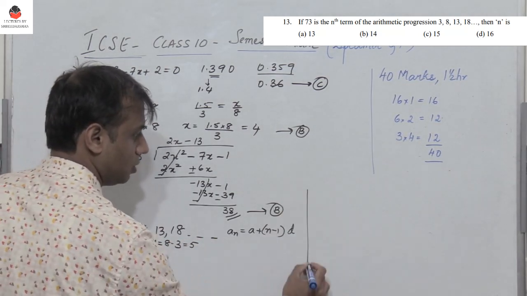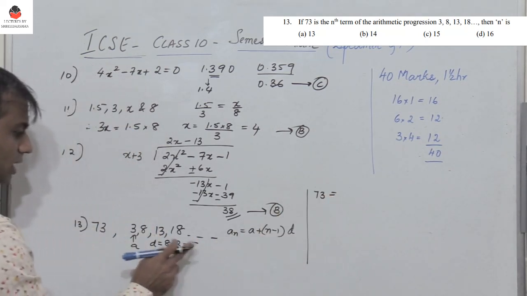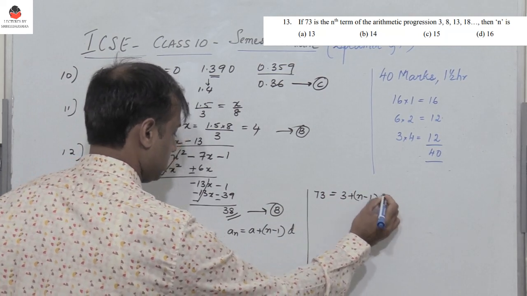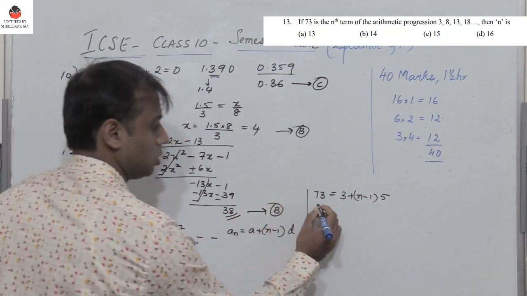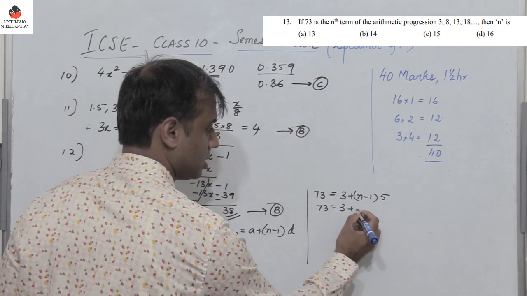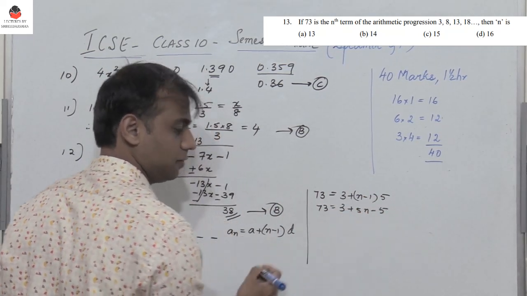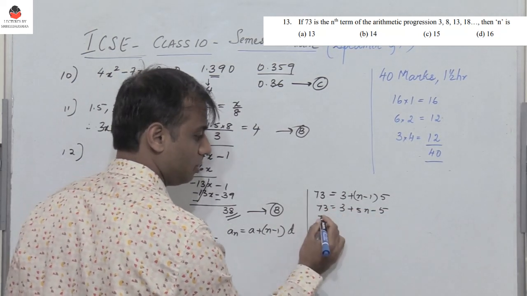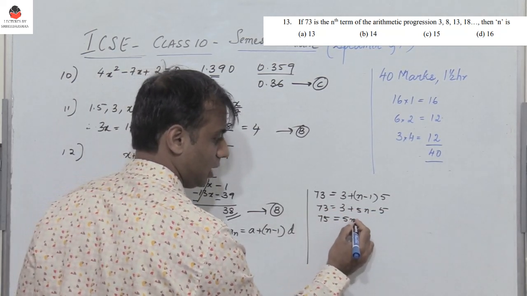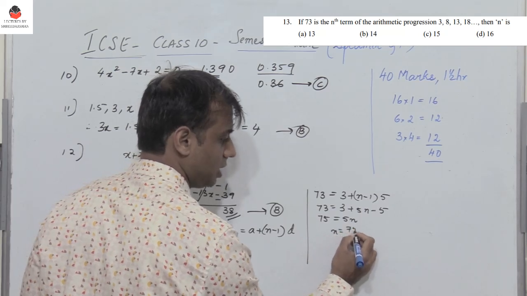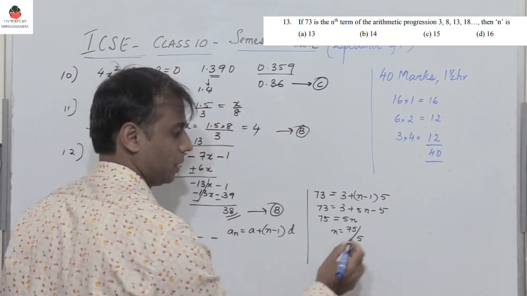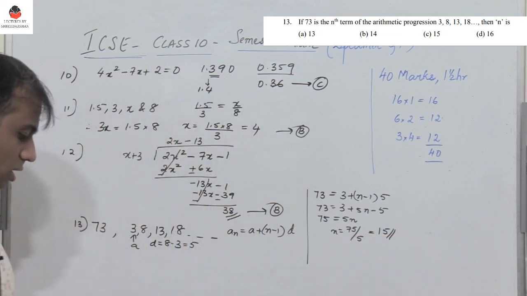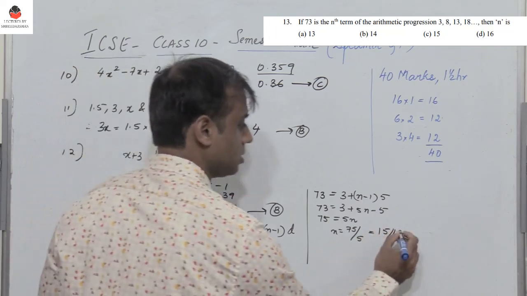So therefore, you have 73 equals 3 plus n minus 1 into 5. So you have 73 equals 3 plus 5n minus 5. So 3 minus 5 is minus 2. I bring minus 2 to this side. It becomes 75 equals 5n, or n equals 75 by 5. So the answer is 15. So n is 15, and check out the right option. The right option is option C.